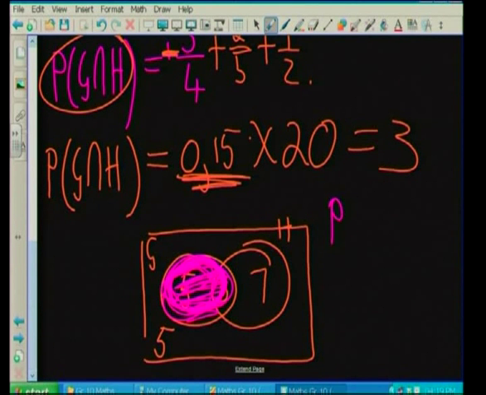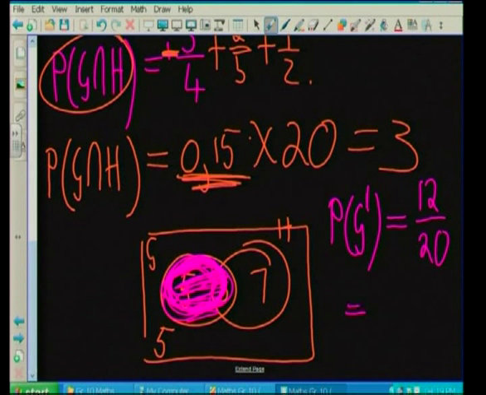So the probability of G dash or not G, or the complement of G, is 12 out of 20, which I can then simplify to 6 out of 10 or 3 out of 5.